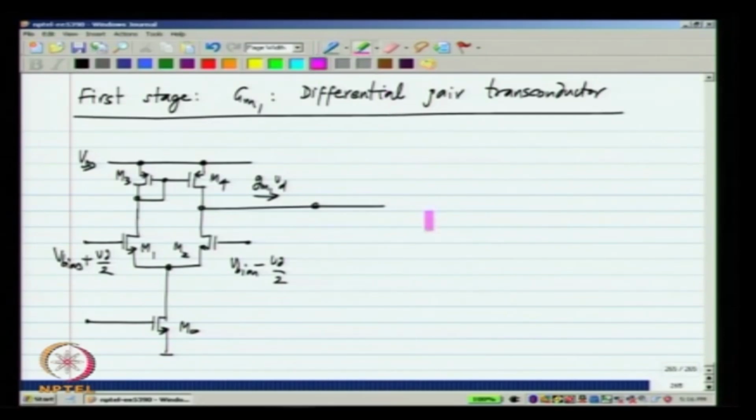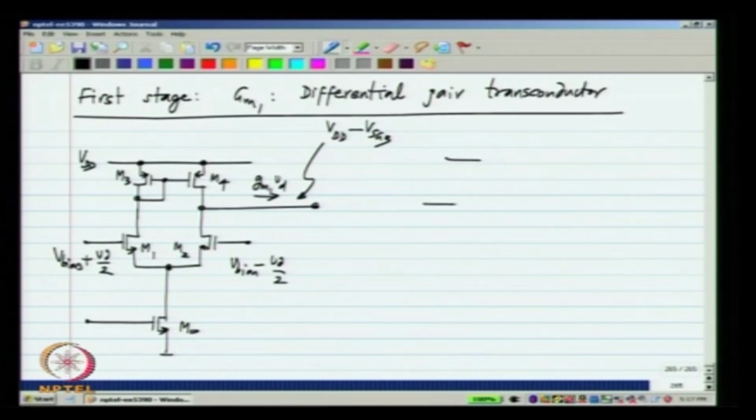Now, we can use either PMOS or NMOS transistor. We know that the quiescent output voltage here is VDD minus VSG3. So, typically especially for large values of VDD, this is a lot closer to VDD than to ground.